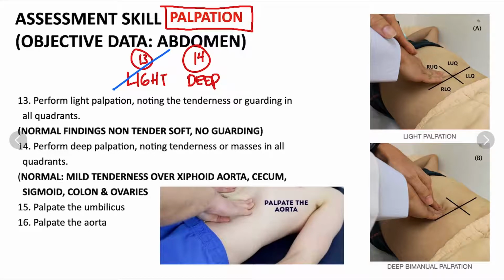After doing your light palpation, this is already done. We're going to do step number 14, which is performing deep palpation. So how are we going to do deep palpation? There is a technique called bimanual palpation. This is where you're going to use your dominant hand assisted by your non-dominant hand in exerting additional effort.